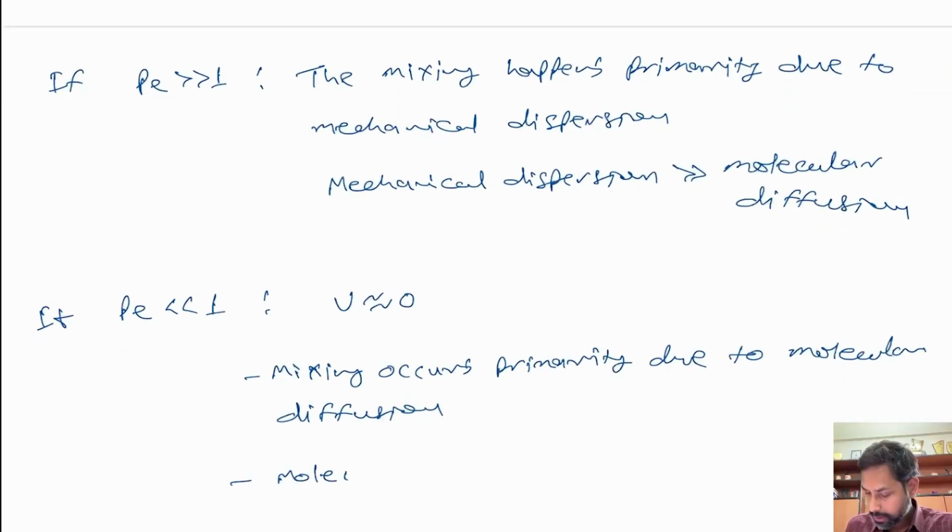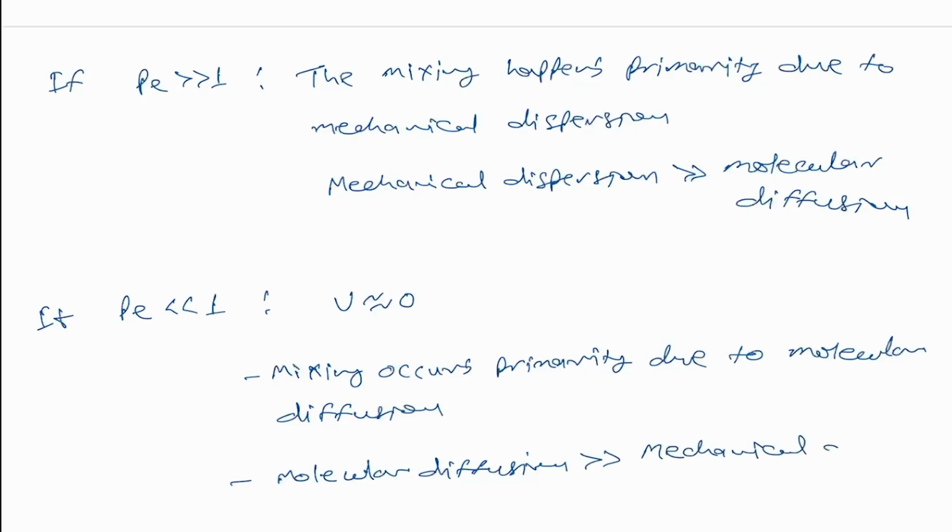Or in other words, your molecular diffusion is much greater than mechanical dispersion. All right, so these are two different regimes in which mixing in porous media happens depending on the values of the Peclet number. And we are going to see both the cases one by one in the coming lecture.